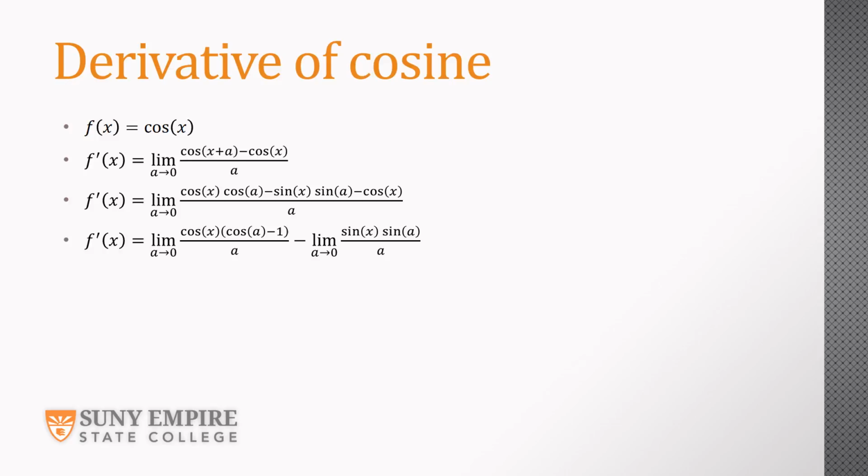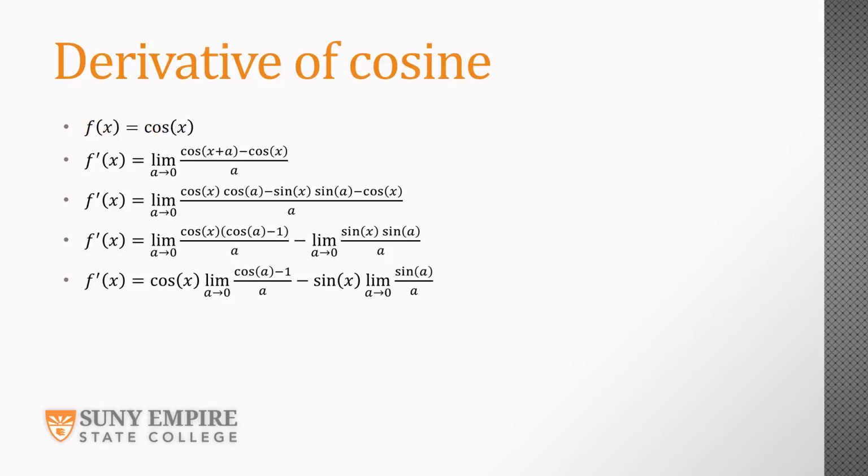Rearranging and splitting the limits as we did with the sine, we have f prime of x equal to the limit as a approaches 0 of the cosine of x multiplied by the quantity cosine of a minus 1 divided by a, minus the limit as a approaches 0 of the sine of x multiplied by the sine of a divided by a.